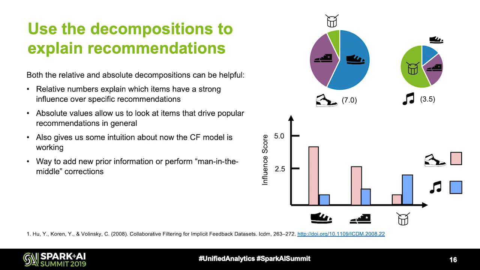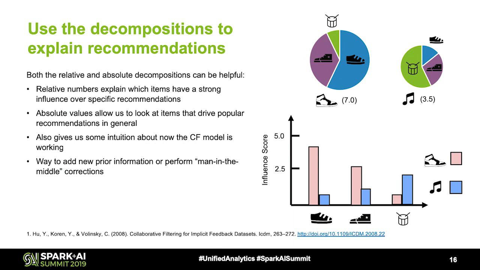One other thing that you could do is, if you had a prior set of information that you wanted to change the scaling by, you could say a certain set of items are on sale, and I would like them to be lifted up in the recommendations that we're making. Or there might be one item that's basically drowning out all the influence of everybody else's recommendations.